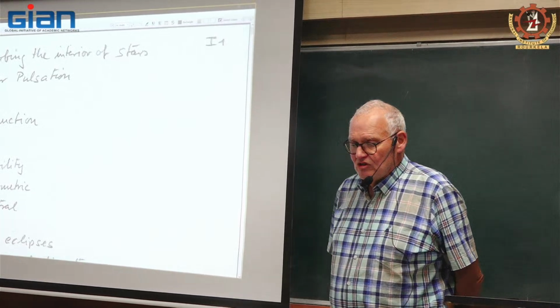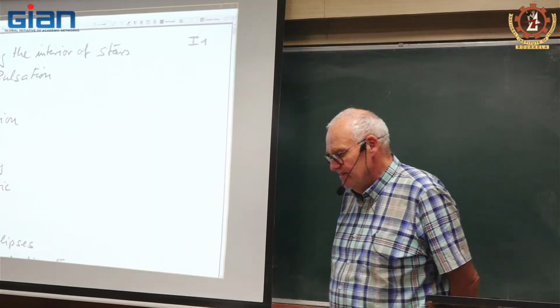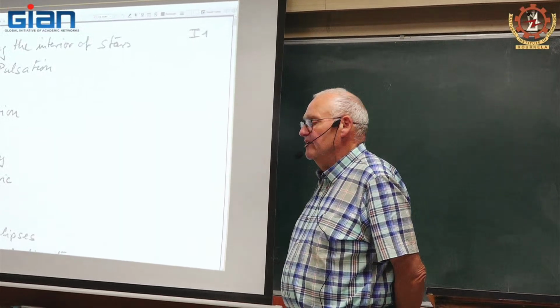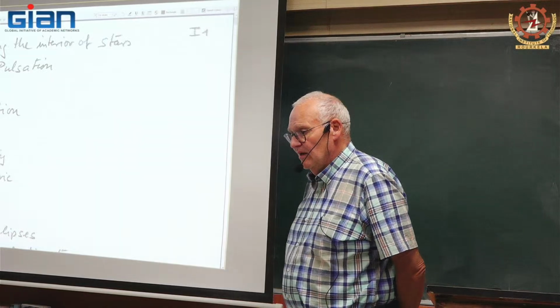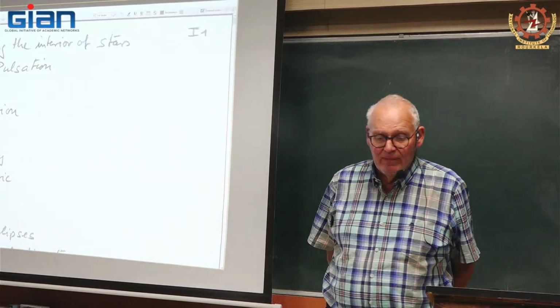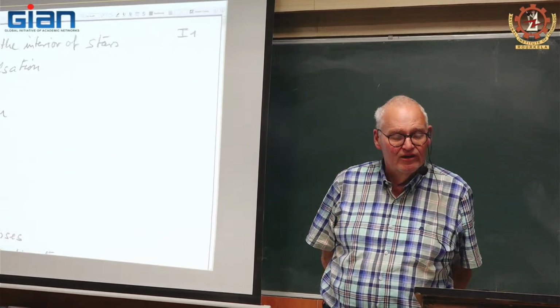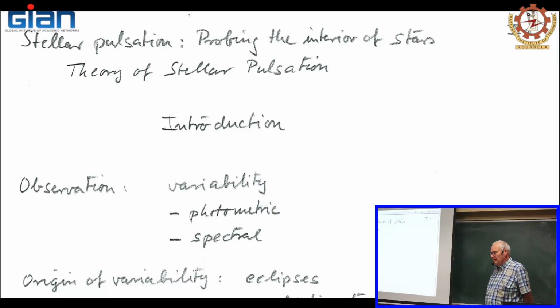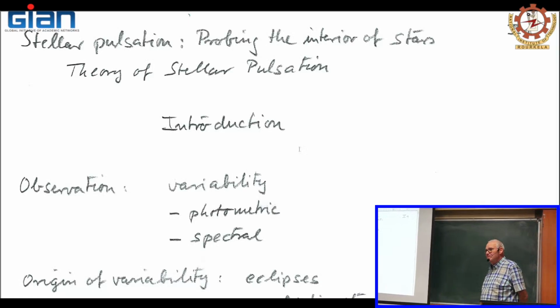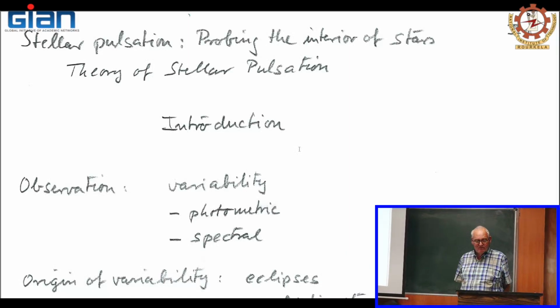Well, the question then arises: where do these variabilities come from? What is the origin of the variability? There are many causes of variabilities in stars, and one very obvious cause of variability are eclipses, for instance, in binaries.